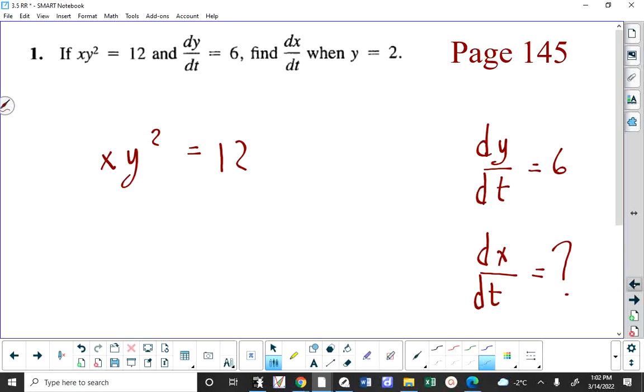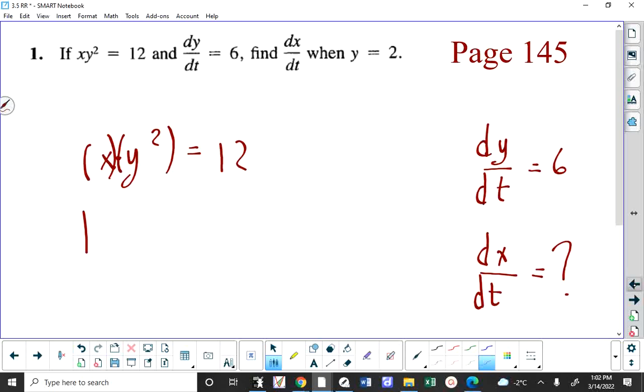Step 2 is to differentiate, but don't make the mistake here, and it is a common one, to jump the gun and just start randomly differentiating stuff. xy squared is a product, so you have to use the product rule. This is the first. This is the second. Derivative of the first is, now here's a really common mistake. Is the derivative of the first 1?